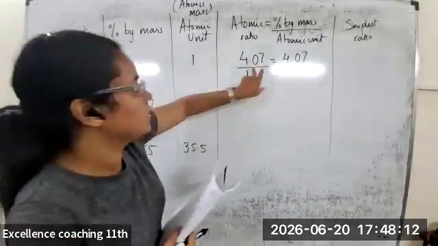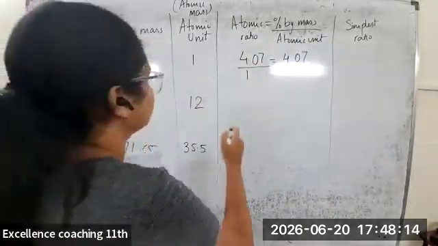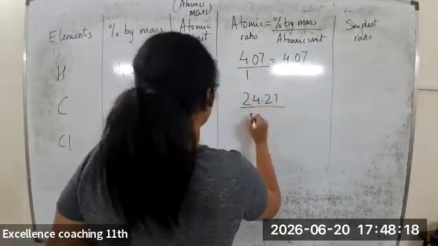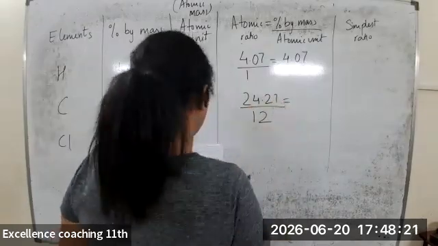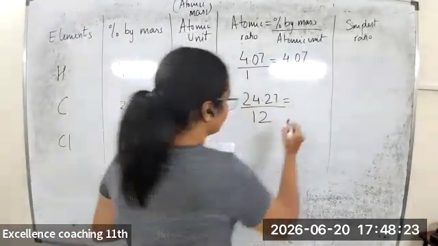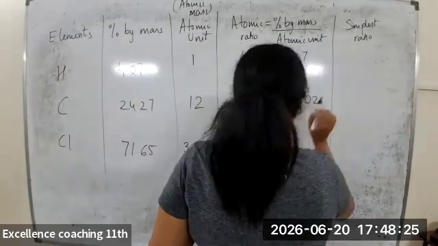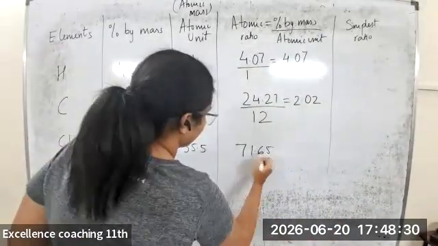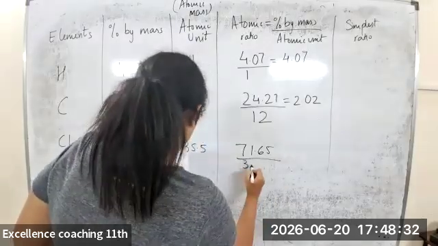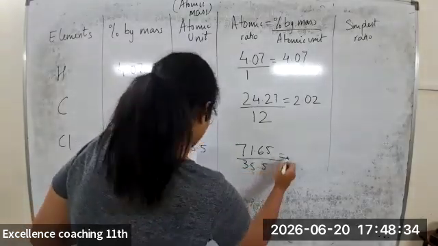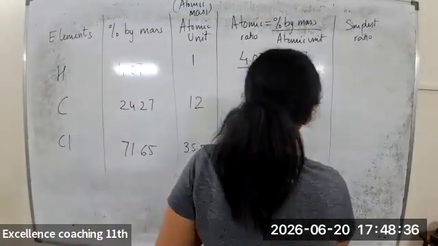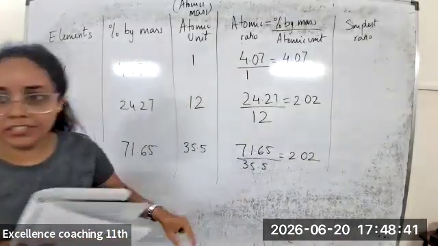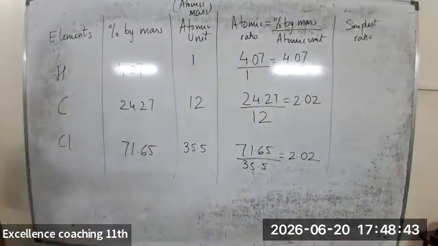Then 24.27 divided by 12. Okay, so the answer will be 2.02. And the last one will be 71.65 divided by 35.5. So that will be approx 2.02. Okay. So now till here all have understood.